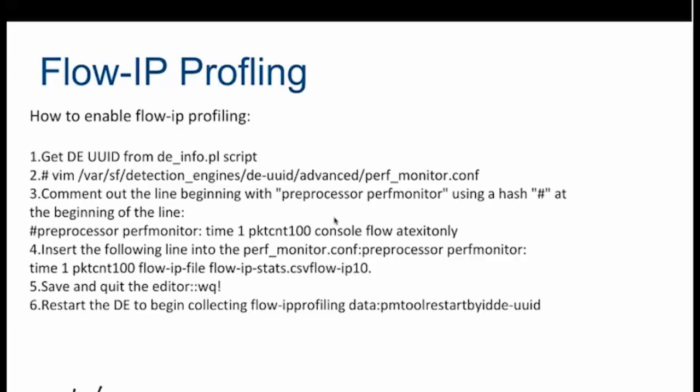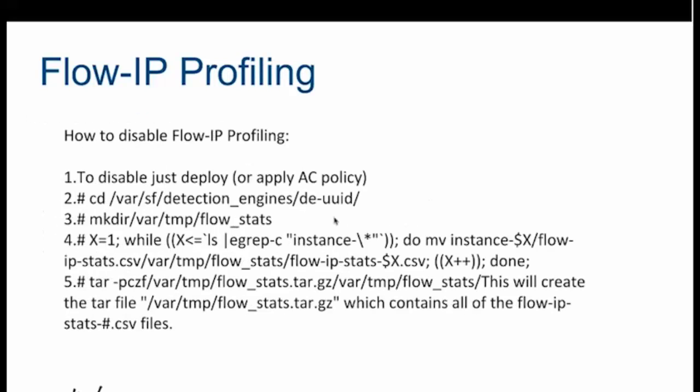This basically creates another file in the system, and we need to collect those files from the system. Once those statistics and log data are gathered, the customer can share them with the TAC, and we'll let you know which source and destination has more traffic in terms of flow and bandwidth.